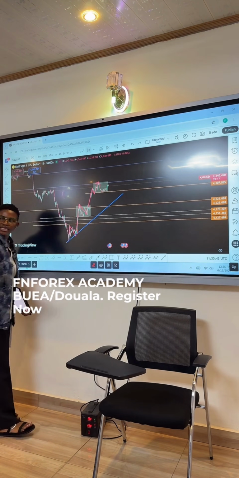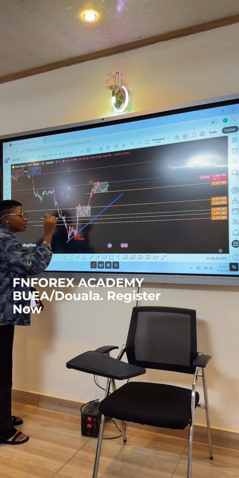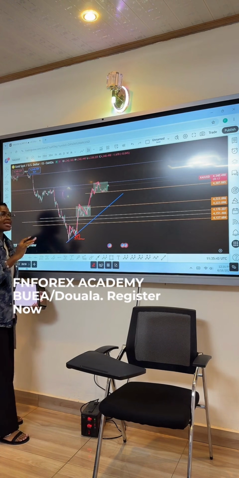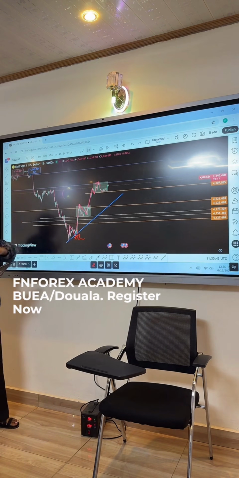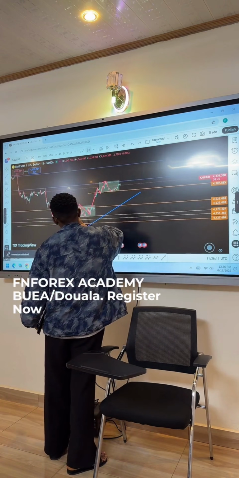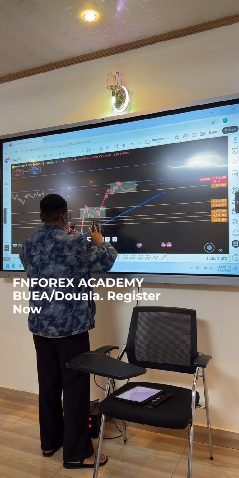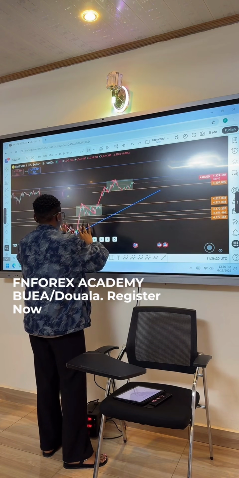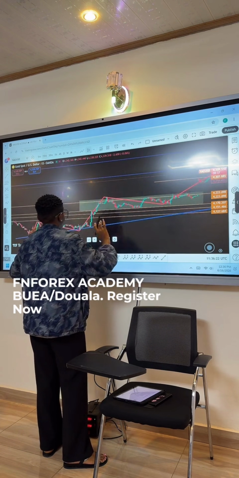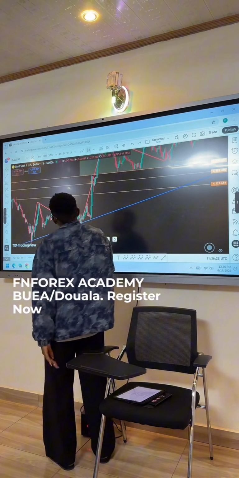So at this higher low that we want to buy from, we expect to see bullish rejections like hammers, spinning tops or full momentum bullish candles. You see the rejection candles.